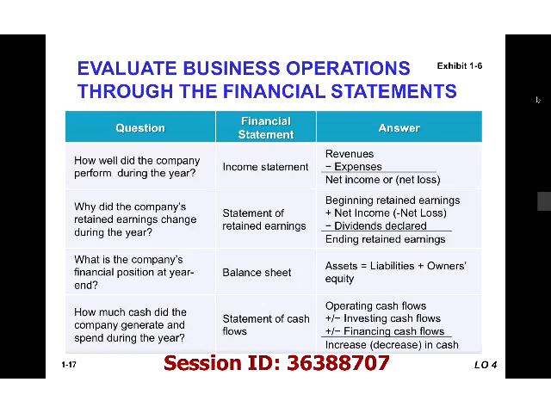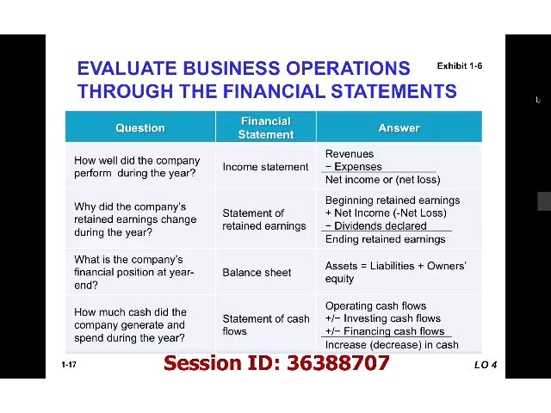By the way, these statements feed each other. The income statement, you prepare it first, and the net income goes down to the statement of retained earnings. And then the statement of retained earnings comes up with ending retained earnings, which goes into owner's equity on the balance sheet. And then the statement of cash flows deals with change in cash, and the ending cash will be on the statement of cash flows.